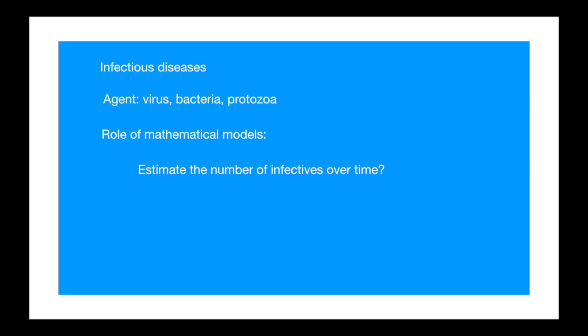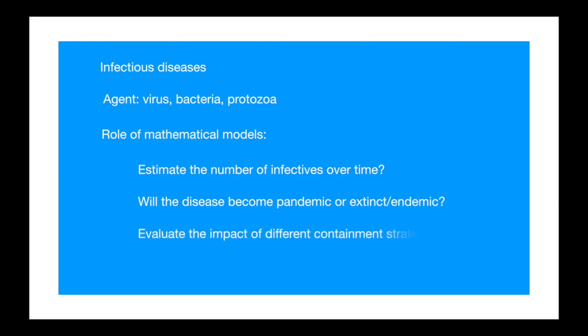The questions that one can answer with mathematics could be: will the disease become an epidemic, which essentially means large spike in the number of cases over a short period of time? Will it become extinct or endemic, which means whether it disappears or stays with us? Once we have a reasonable mathematical model of the spread, then we can evaluate the relative effectiveness of various containment strategies.